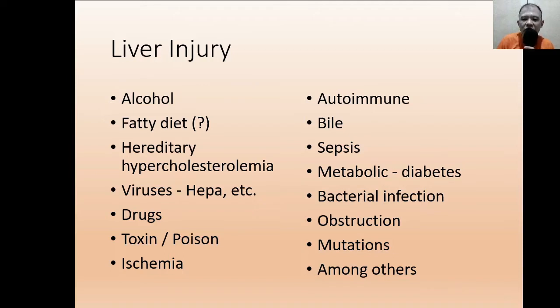Bacterial infection, obstruction such as in gallstones, mutations. Obstruction, you can also have obstruction secondary to a thrombus. Okay, parasitic obstruction, mutations in cancer, and other injurious agents as well.